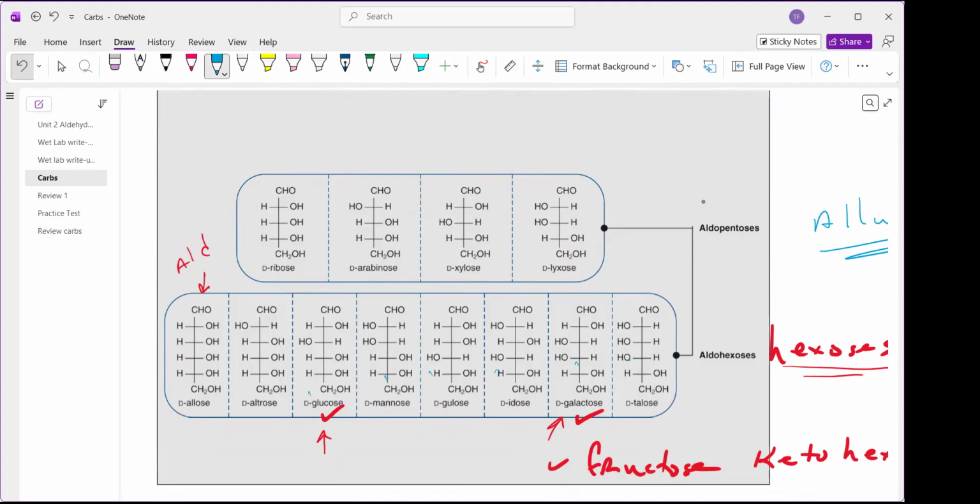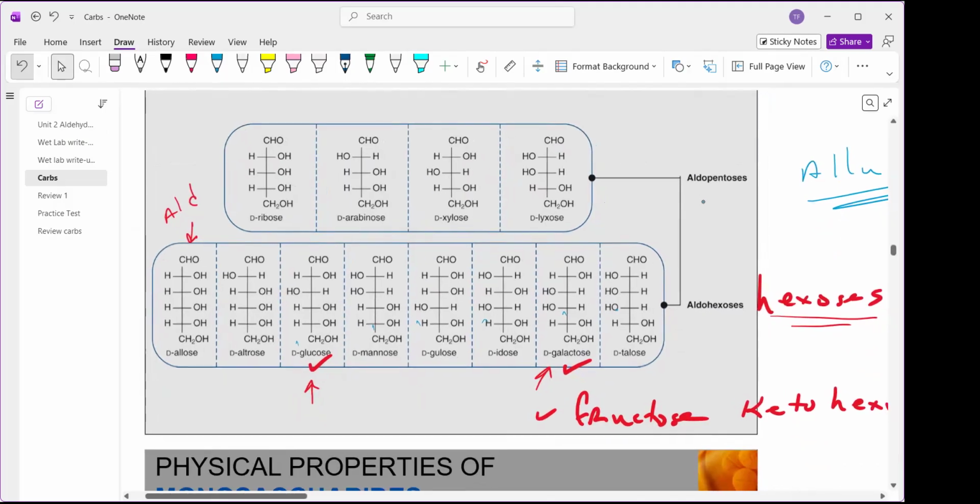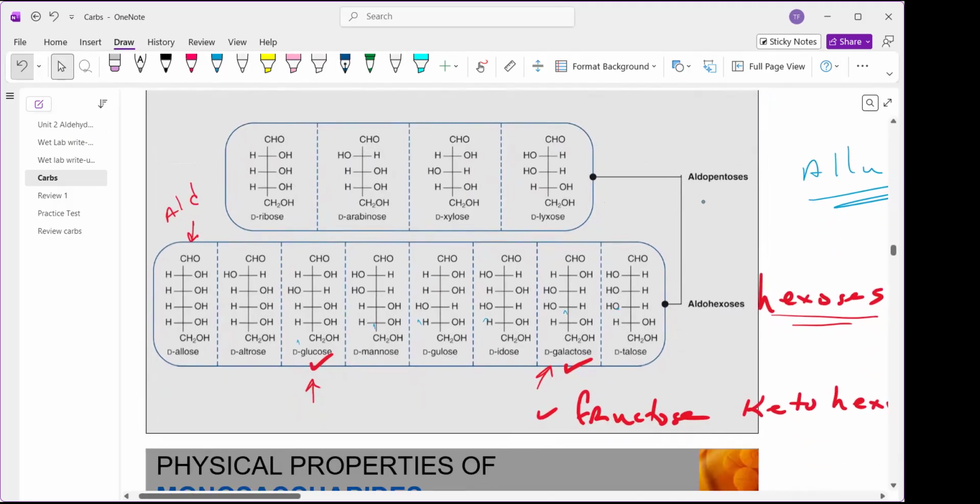Glucose and galactose are the aldohexoses. The ketohexose, just one, is fructose. So those are the 3 monos you're going to need to know, and all the associated reactions with those. And as far as these go, you need to know ribose as well.